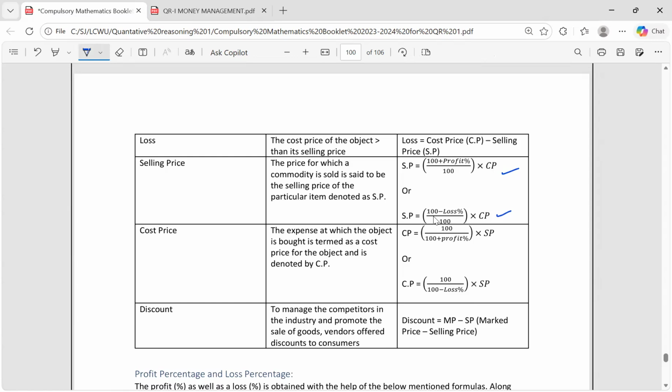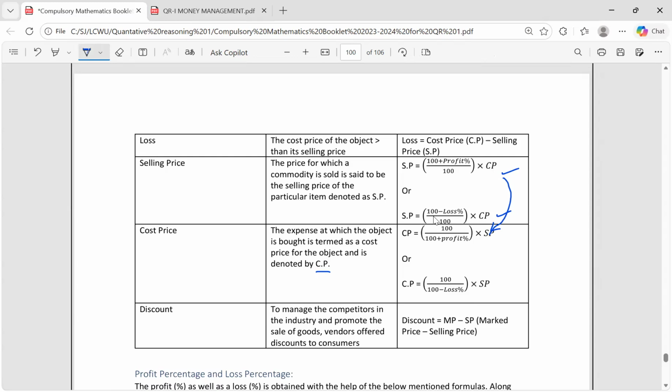Next one is cost price. The expense at which the object is bought is called cost price, and we briefly write it as CP. CP is found by this formula of sale price, simply simplified for cost price.